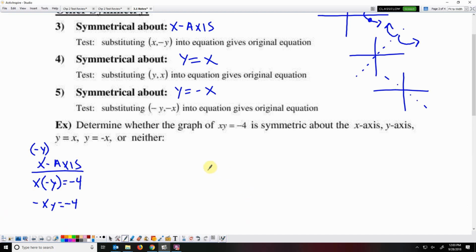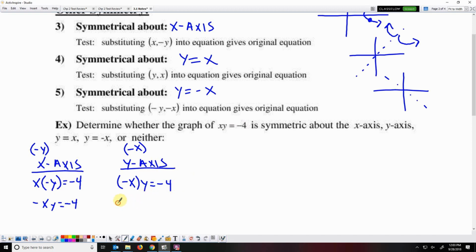How about symmetry about the y-axis? If there's symmetry about the y-axis, then every x that exists, its opposite will also exist. So I'm going to change all of my x's to the opposite sign. So I have an x here that's positive. I'm going to change that to a -x and see if I can simplify it to match the original equation.